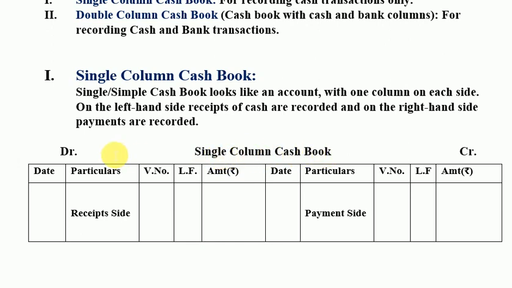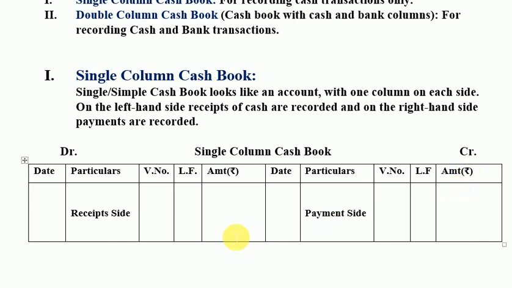So here we have a total of 10 columns. First column shows the date on the debit side, second column shows the particulars, third column shows the voucher number, fourth column shows the ledger folio, and fifth column shows the amount. Like that, on the credit side: date column, particulars, voucher number, LF, that is ledger folio, and amount.